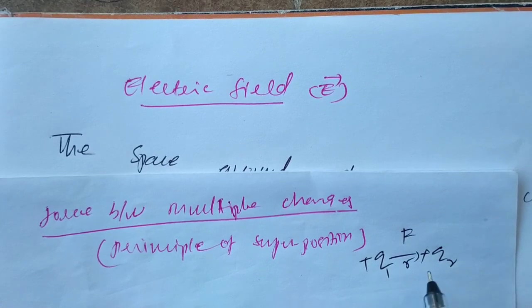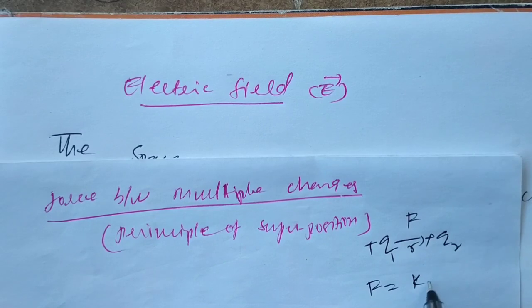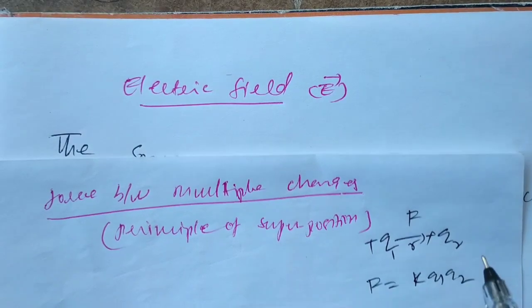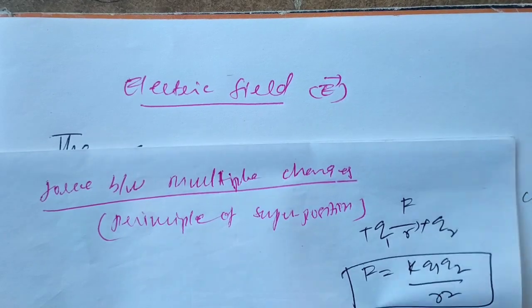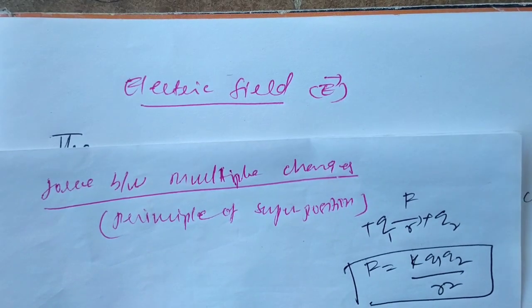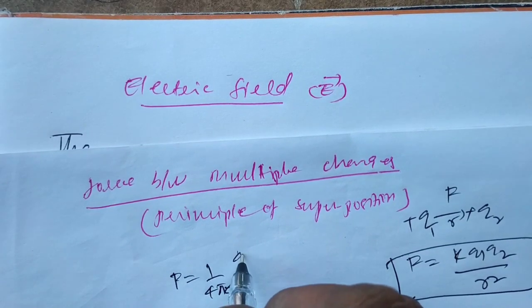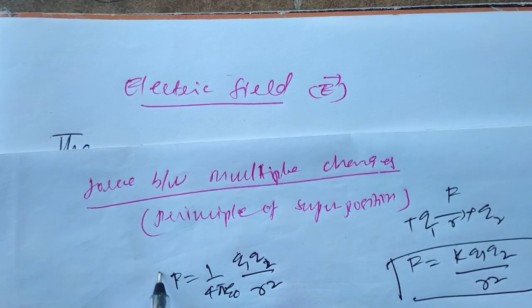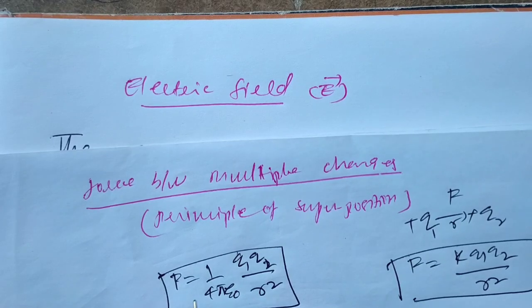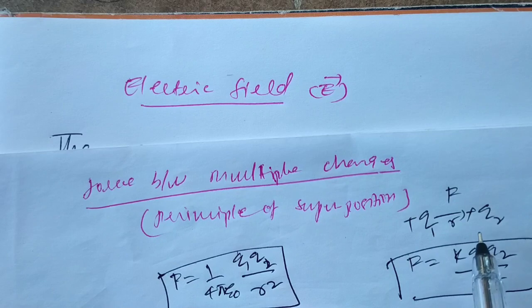The separation between the two charges is r. The force is given by Coulomb's law, F is equal to 1 by 4 pi epsilon naught, q1 q2 by r square. The force occurs between the two charges.